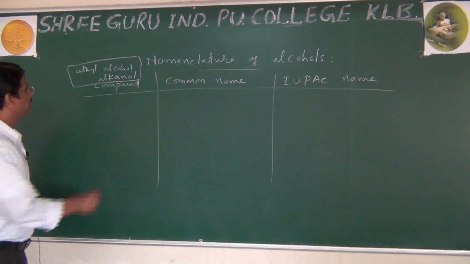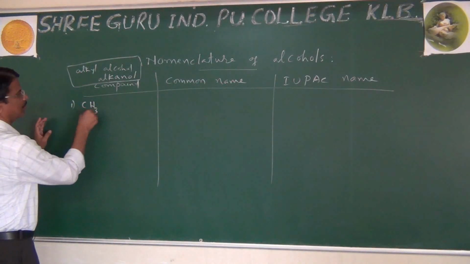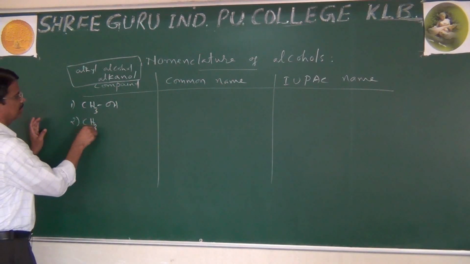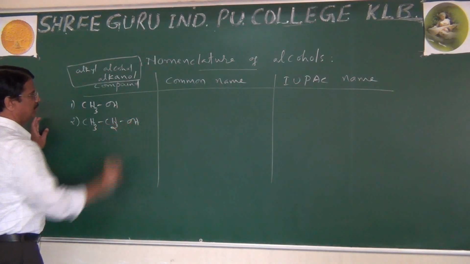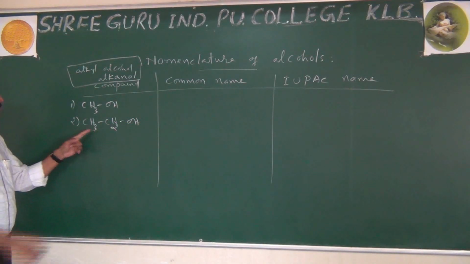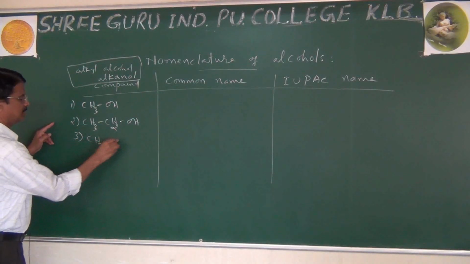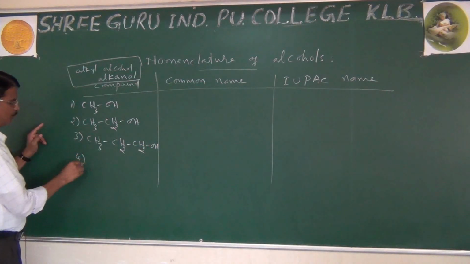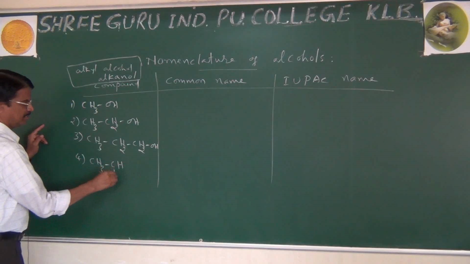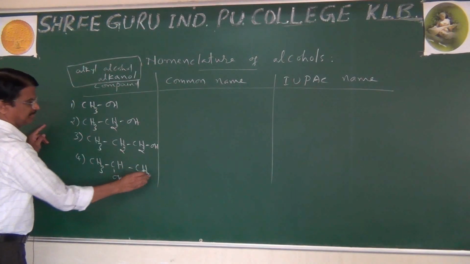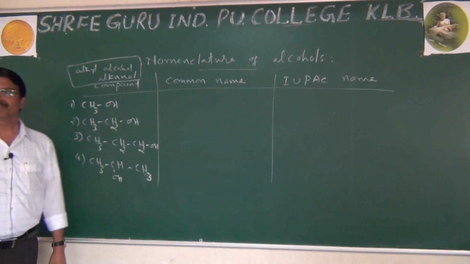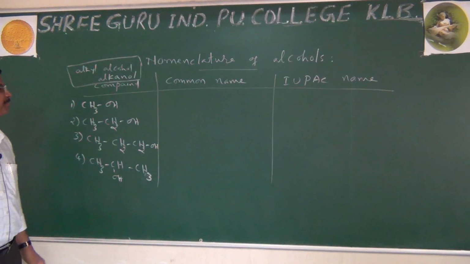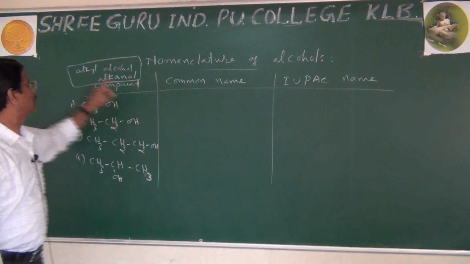First one, simplest alcohol, CH3OH. Second, CH3CH2OH. Third, CH3CH2CH2OH. Fourth, CH3CHOHCH3. So these are simple monohydric alcohol molecules and their common names as alkyl alcohol.